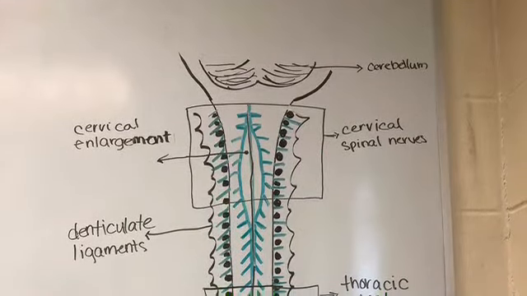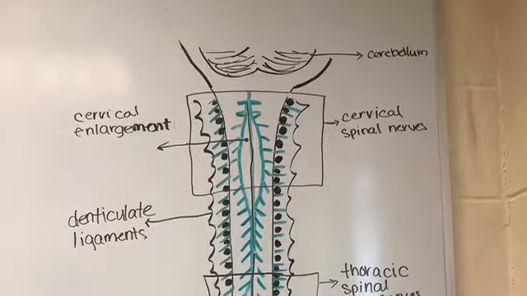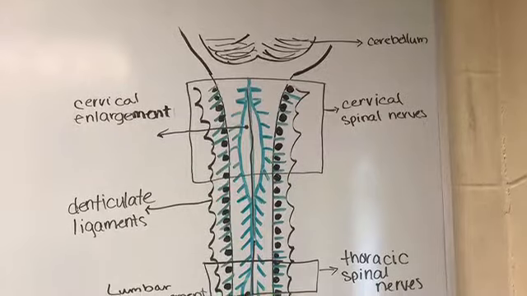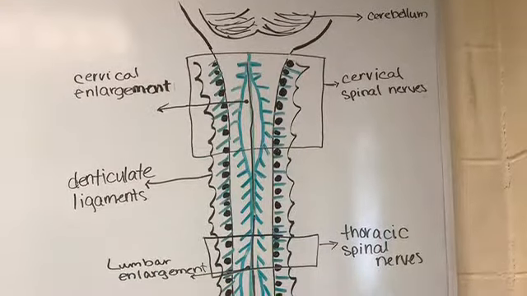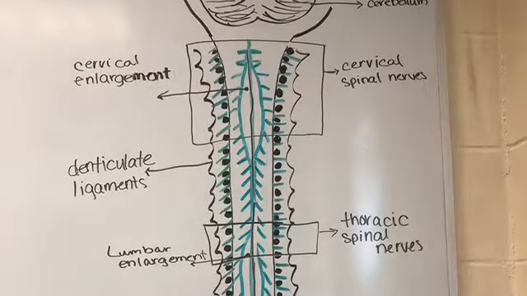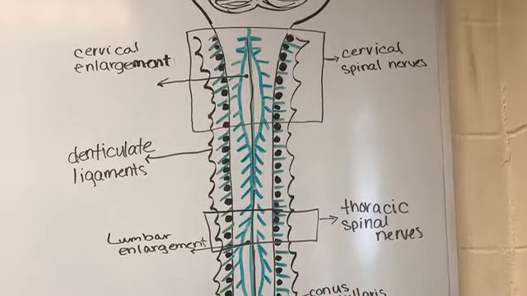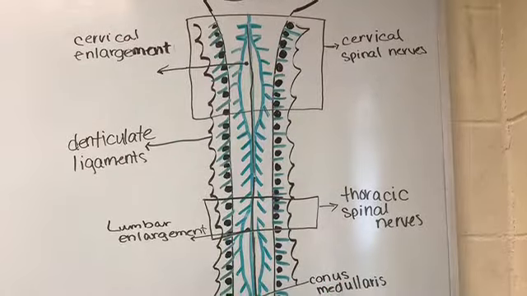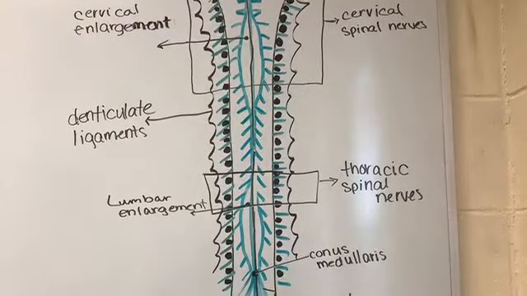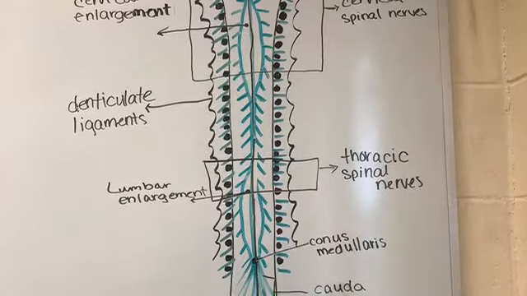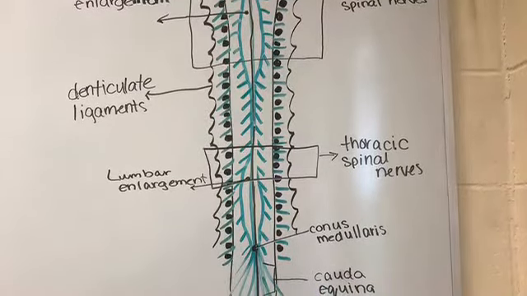External anatomy of the spinal cord. Cervical enlargement is a thicker spot where nerves leave and come back to the arm. Lumbar enlargement is down in the lumbar vertebrae where nerves leave and come back to the legs. Denticulate ligament attaches the spinal cord to the vertebra.